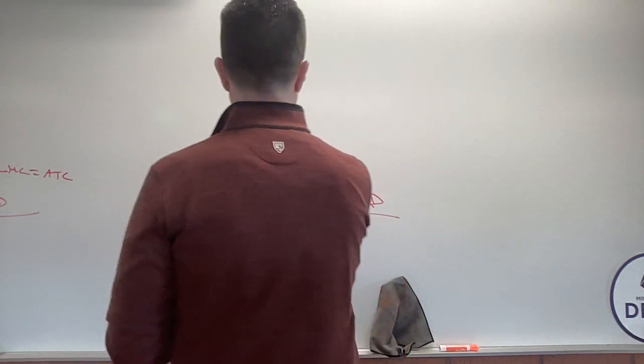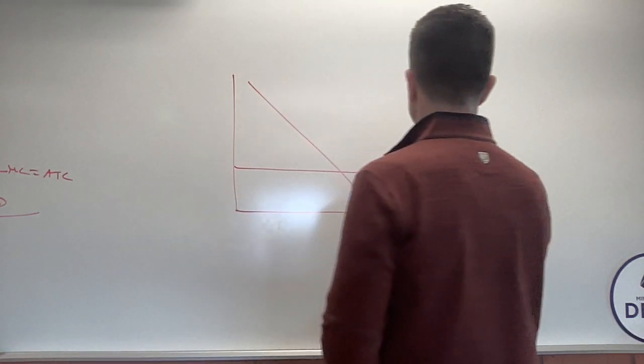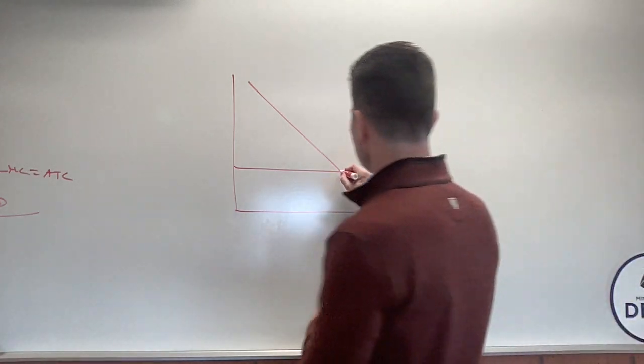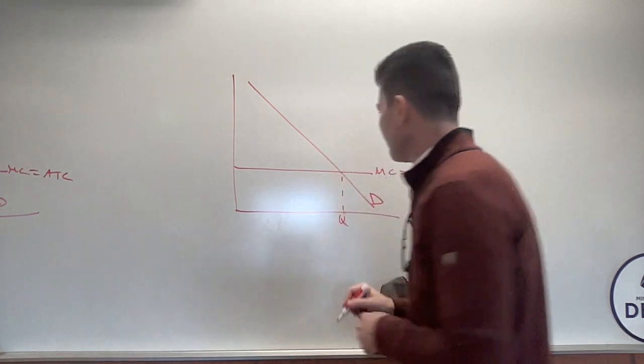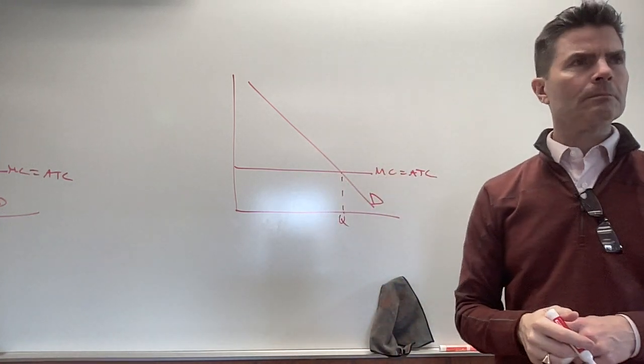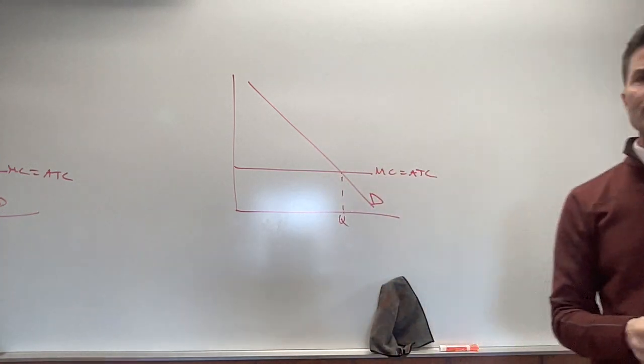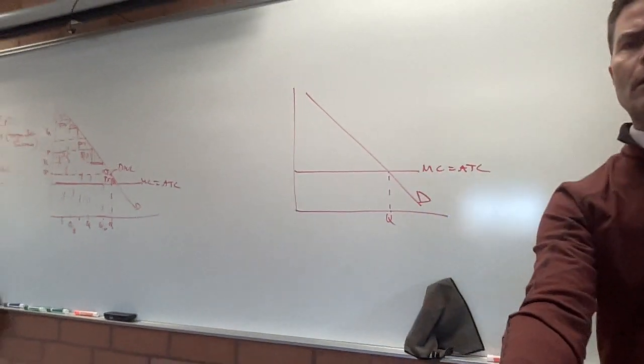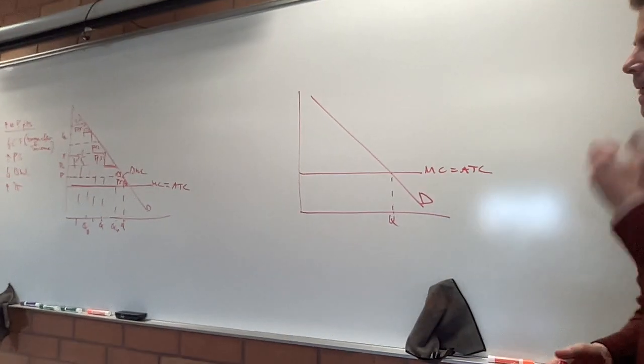Your demand, and do the same thing that we just did, marginal cost, ATC. But I'm going to add a couple different points. This point down here is my quantity. And I'm going to show how this changes.